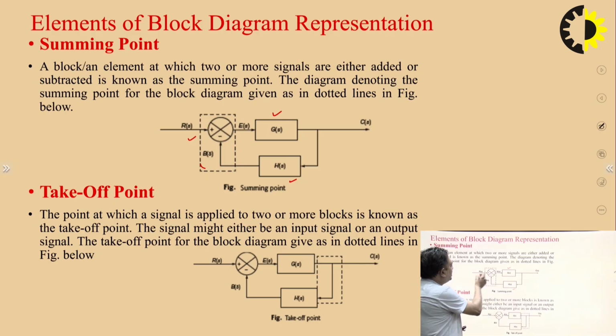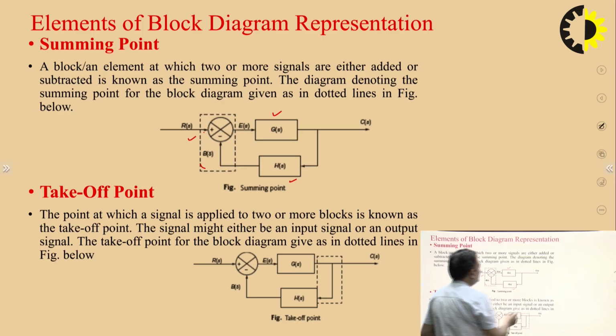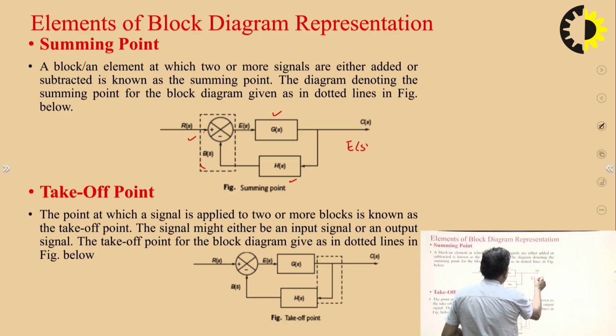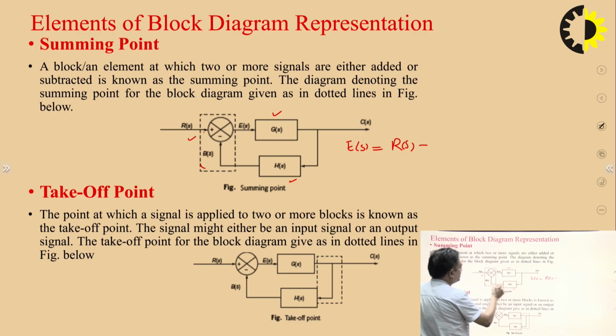You can see here R(s) input is given to the plus sign, and we have this feedback signal coming from here with a negative sign. So E(s), the signal coming out of the summing point, is nothing but R(s) minus B(s).